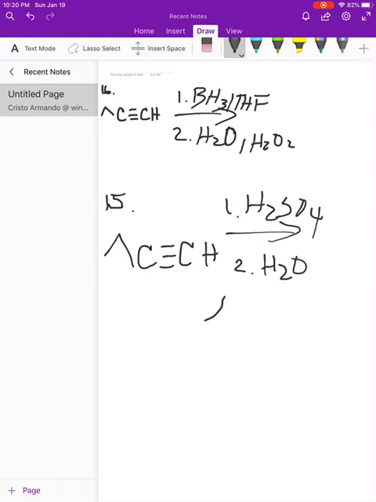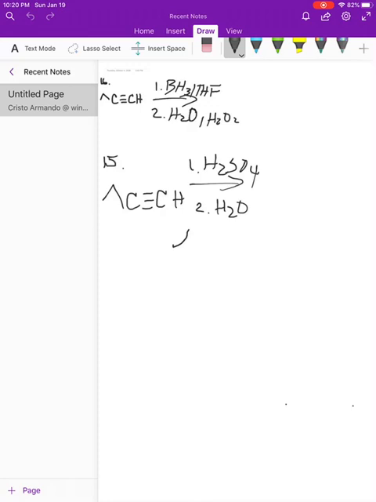So in reaction 15, we saw that the OH added in a Markovnikov fashion. So we ended up with a product that looked like this, right? After tautomerization.